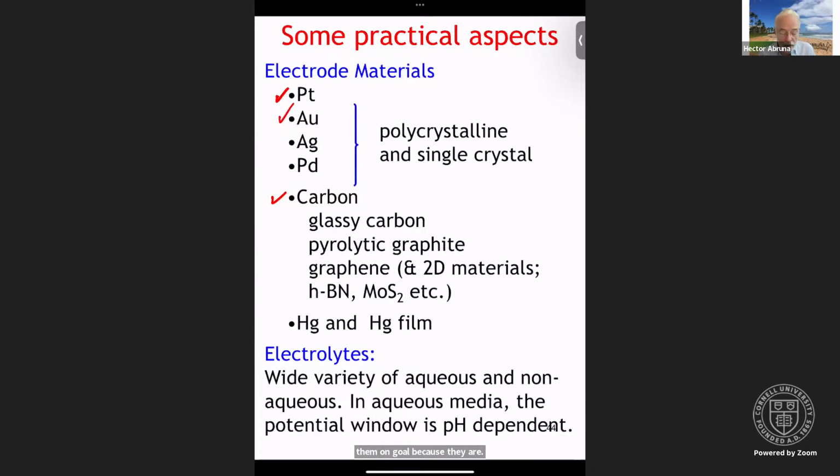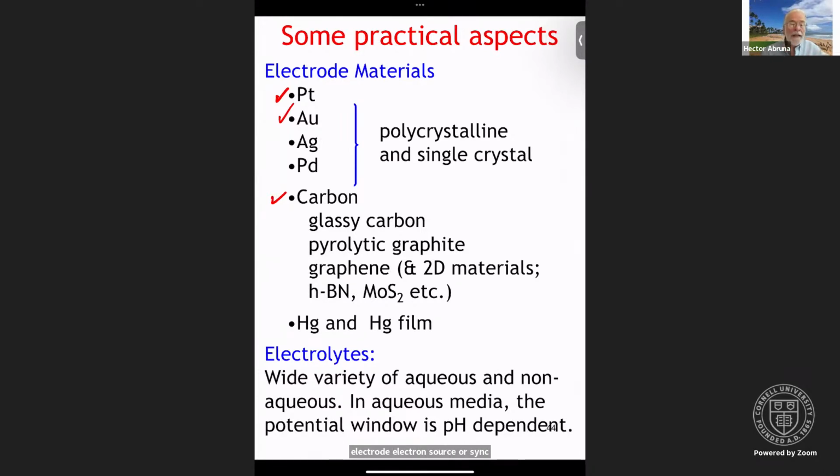Carbon because it's very good, particularly for organic materials and also for inorganic ones. Depending on what you're interested in finding, you can use electrode materials that simply serve as an electron source or sink.